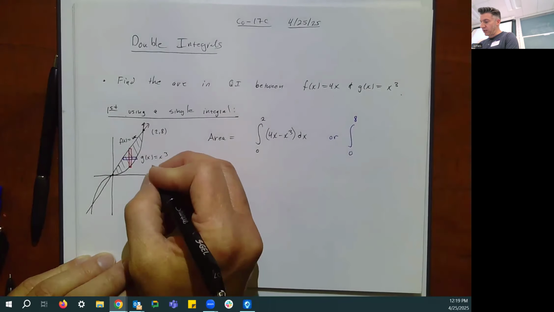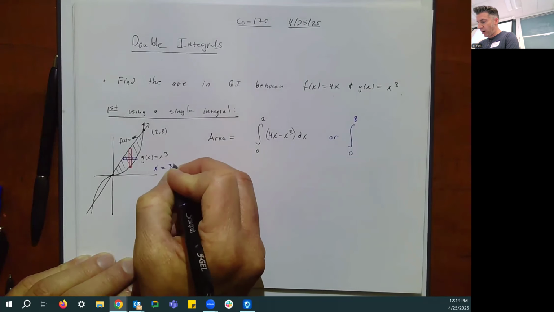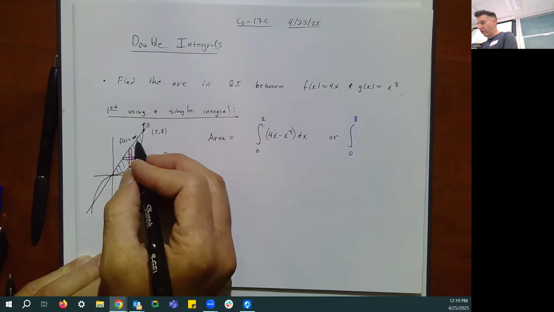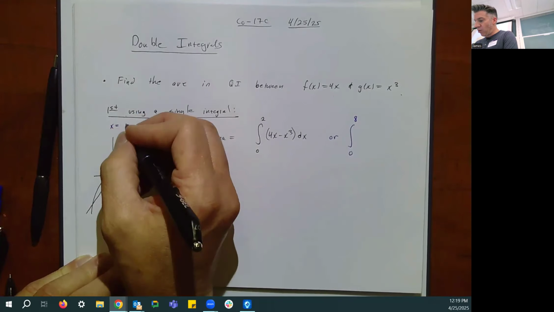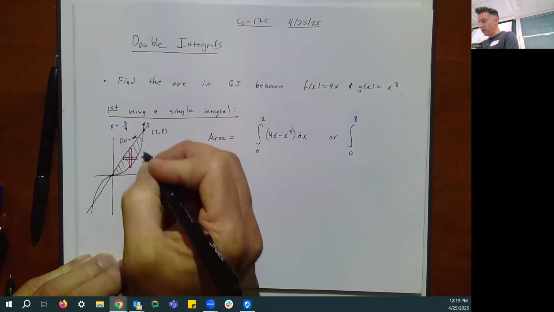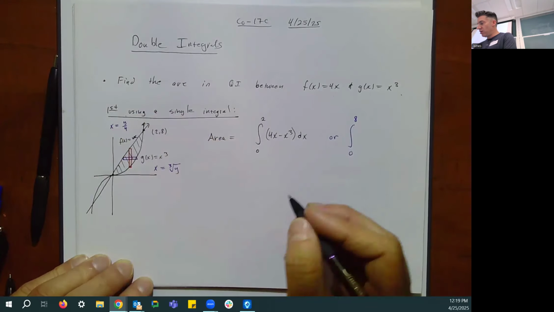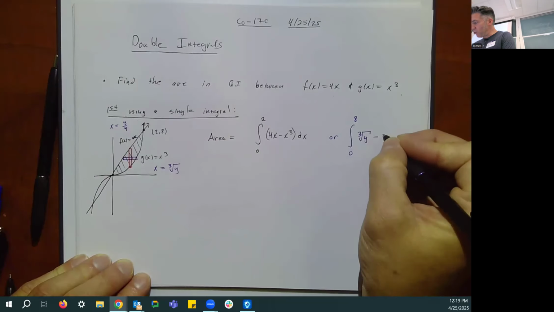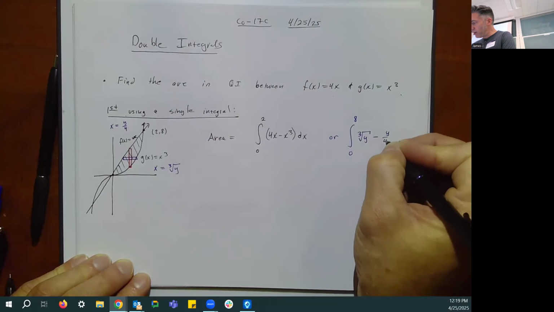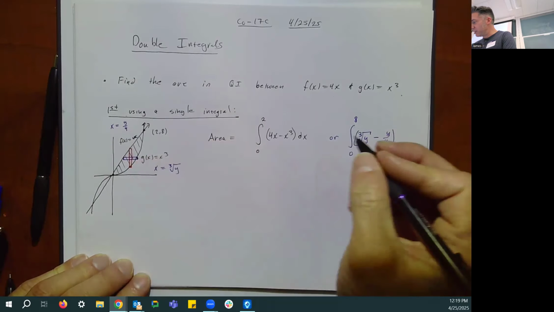Instead of writing y equal to x cubed, we're going to write x equal to the cube root of y. Instead of writing y equal to 4x, we're going to write x equal to y divided by 4. So the length of the strip is the right function minus the left function, which is the cube root of y minus y over 4, times the width, or technically the height, which is dy.